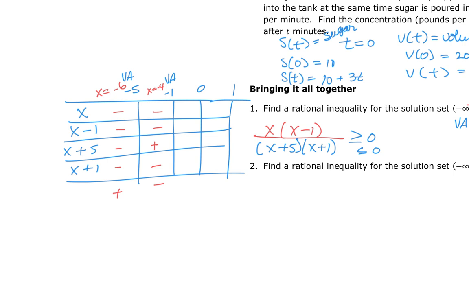Let's choose x is equal to -1/2: negative, negative, positive, positive. This is positive. Choose something in here, x is equal to 1/2: positive, negative, positive, positive. So that region is negative. Let's choose something over here. Let's choose 5: positive, positive, positive, positive.